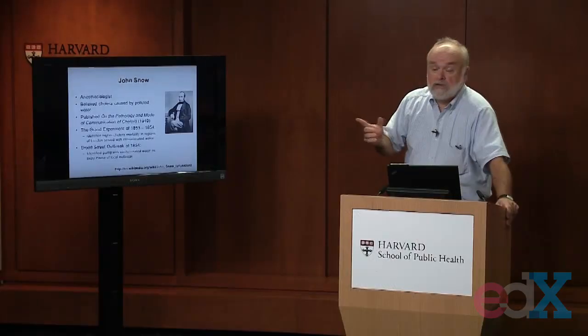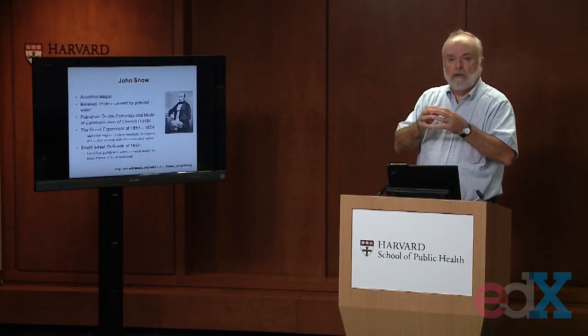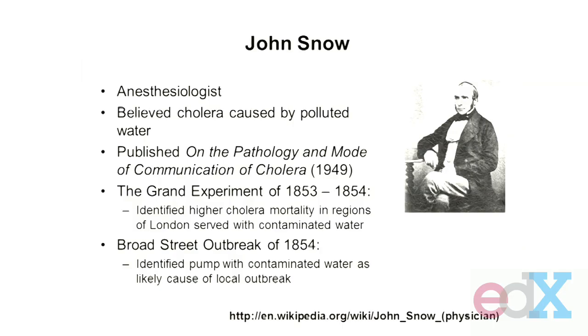In addition to that, he investigated one outbreak of cholera in a particular neighborhood of London, the Soho district, in 1854. Reading the weekly results reported from Farr's office, Snow noticed that one region of London, which had essentially been free of cholera for the previous weeks, suddenly had a huge outbreak.